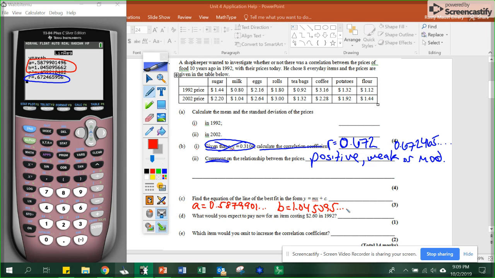And then when you write your actual equation, round to 3 sig figs. So y equals 0.588x, and then b is positive, so plus 1.05. That would be rounded to 3 sig figs. Okay, so I'm going to leave the rest of that one up to you, and you'll be able to grade it later next week.